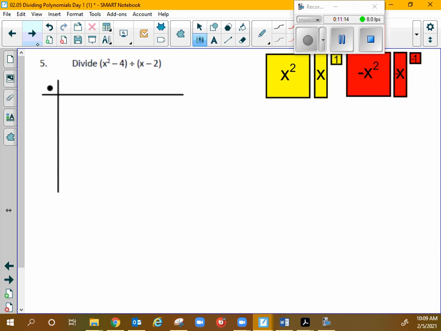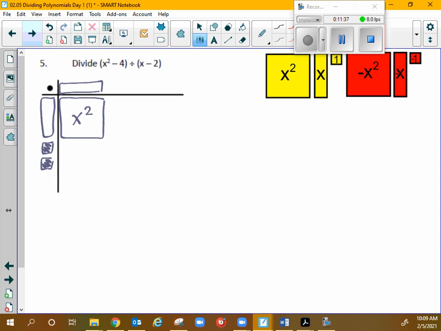Where do I start? X minus 2 on the side. Okay, then what? X squared. So what has to be on top? X.